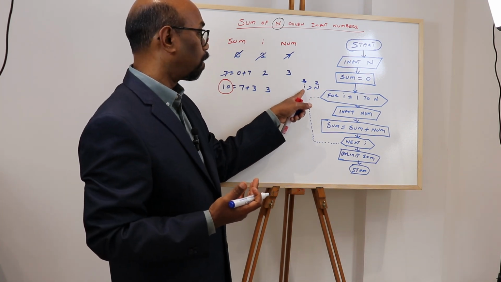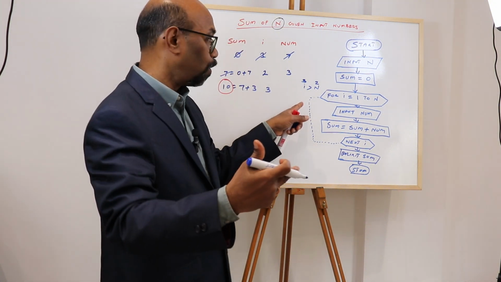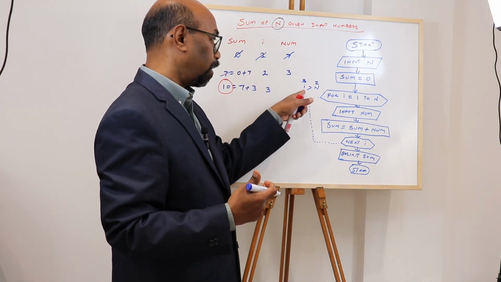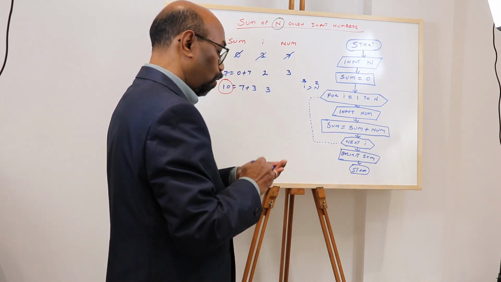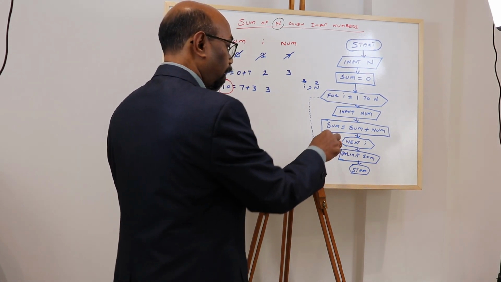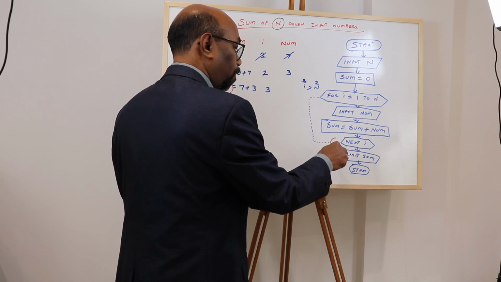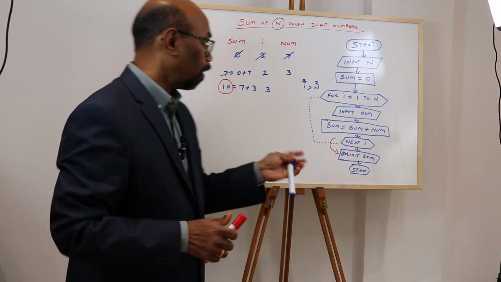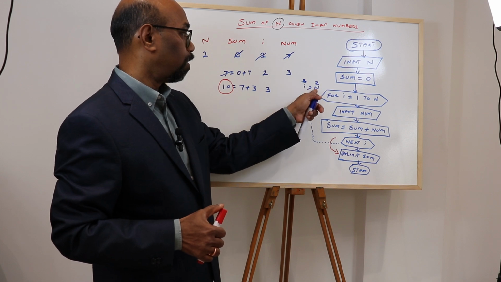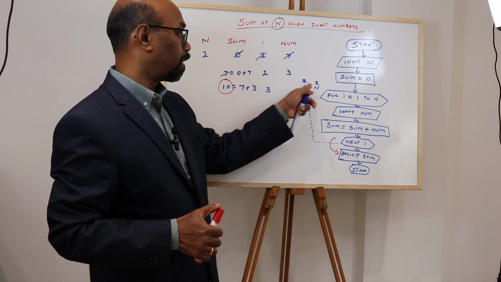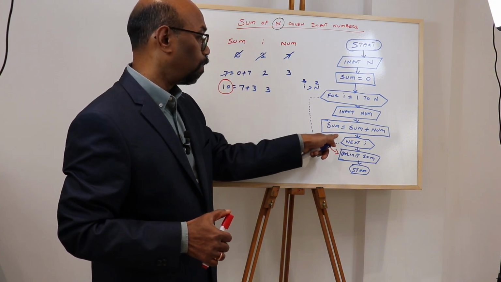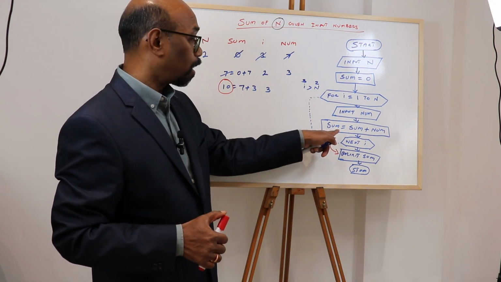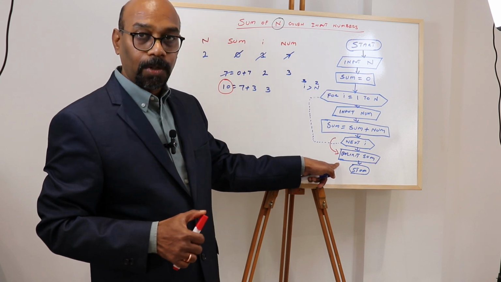If I is 3, the third time coming to the loop, this condition is true. It terminates the loop, which means it comes out of the loop. If I is greater than n, which is 3 is greater than 2, yes. If it is yes, then the loop terminates and control comes to the next part.